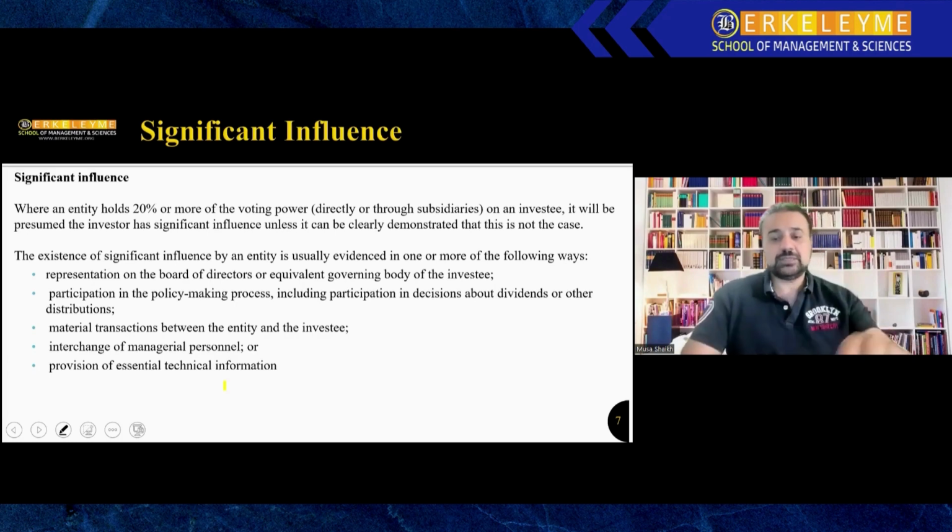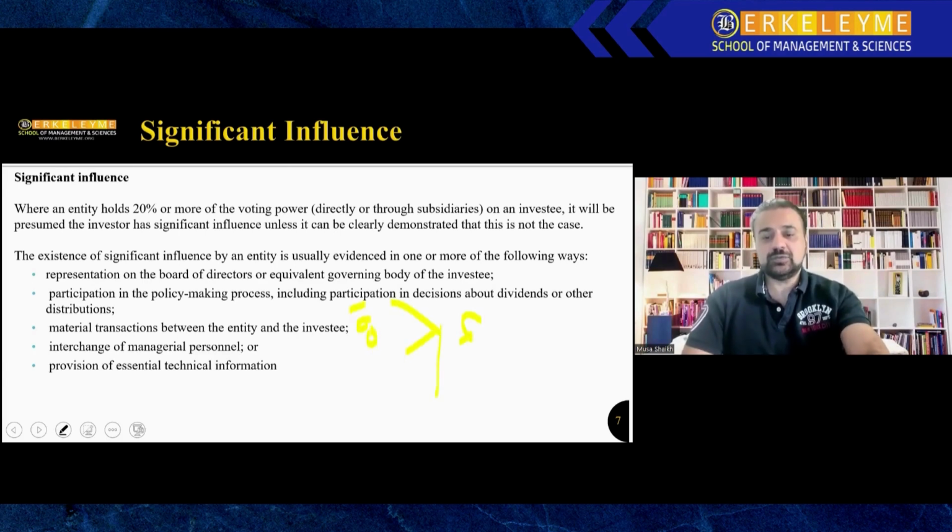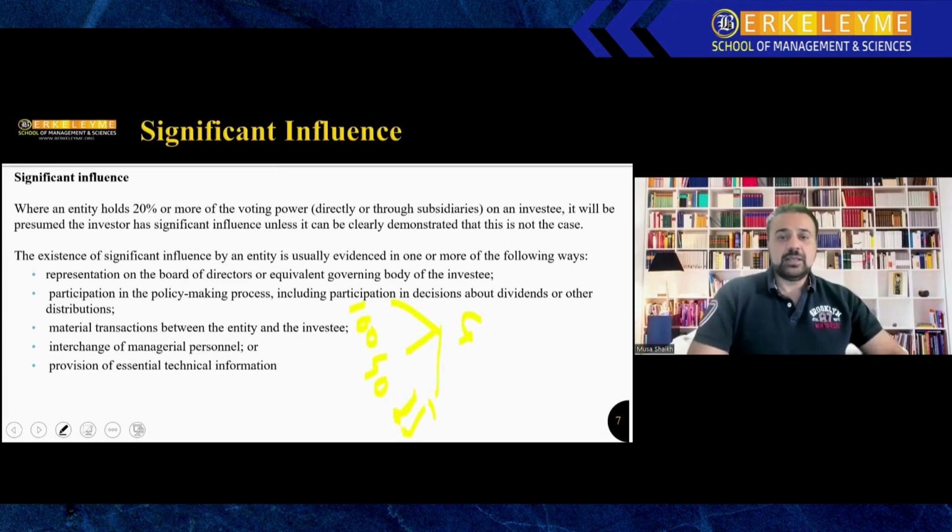I'll make one example. You are a group. You have three companies, one 100% yours, one is 40% yours, and one is 15% yours. Now, with 15%, we can see that there is no control. So we say that less than 20% means you don't have any control and it is someone else's entity.